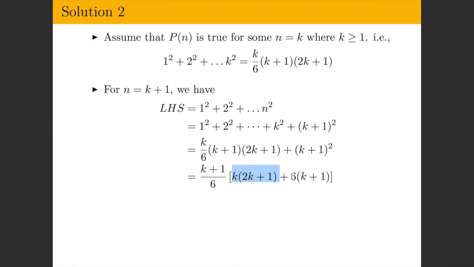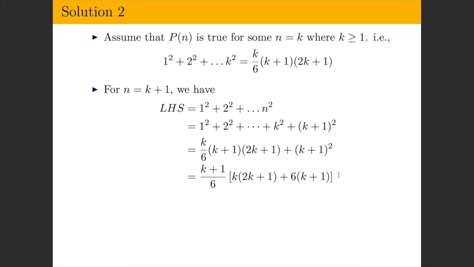And I've actually got 6 times k plus 1, because you notice when I multiply 6 times k plus 1 times the outside here, I get back to k plus 1 squared. So I've been a bit sneaky there, but I've taken out the 6th as well as a common factor, and therefore I've pre-multiplied by 6 here.